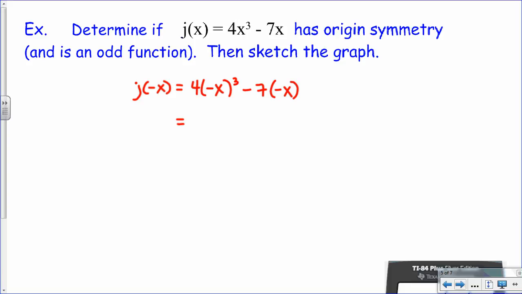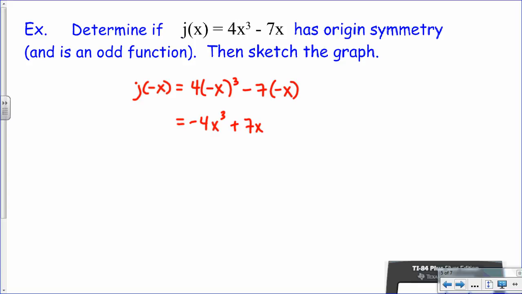Okay. So negative x cubed. It's an odd power, so that negative can be pulled out front. Same thing with negative x to the first, that negative can be pulled out front, which then makes that a positive 7x. But think about just your multiplying here. You don't have an exponent, so you go right to multiplication.